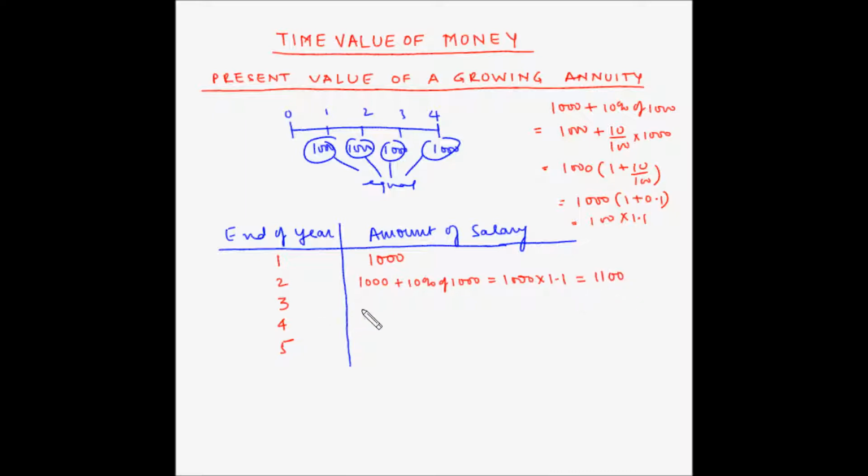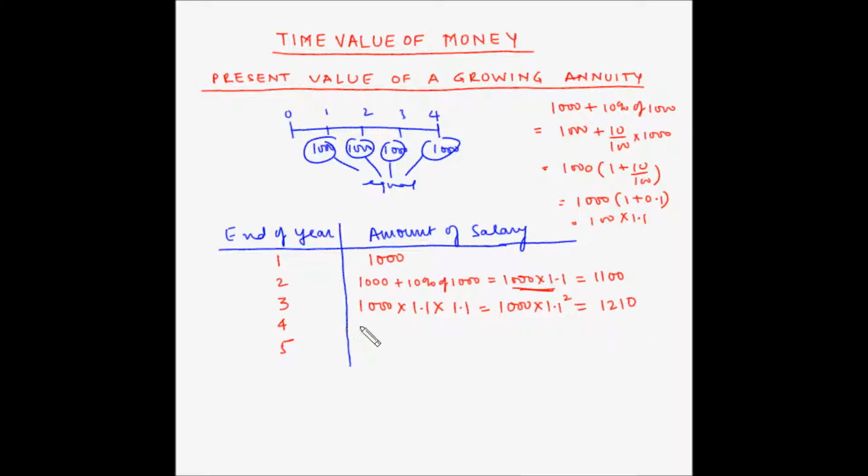Now in the third year, there will be 10% increment on the second year's salary. So it will be 1000 into 1.1, so this is the salary of second year, multiplied by 1.1. This is the 10% on second year salary. So this is nothing but 1000 into 1.1 square, which is equal to 1210.